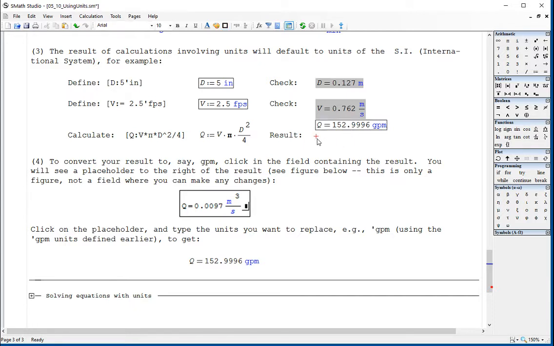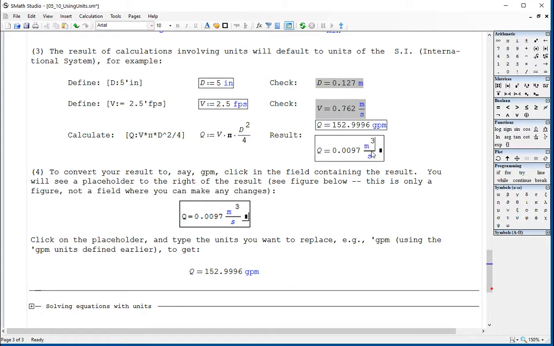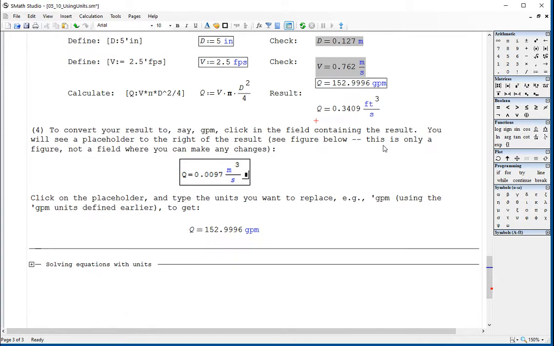Okay, if you want it in cubic feet per second, you can say Q equal, and type there quote FT cube space bar divided by quote S, and so on. And just be careful with that.